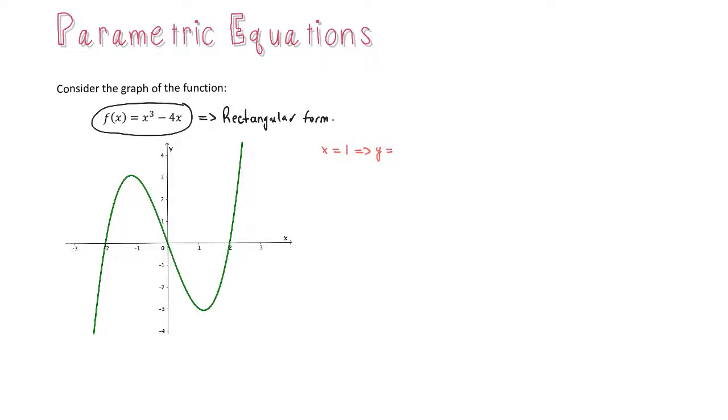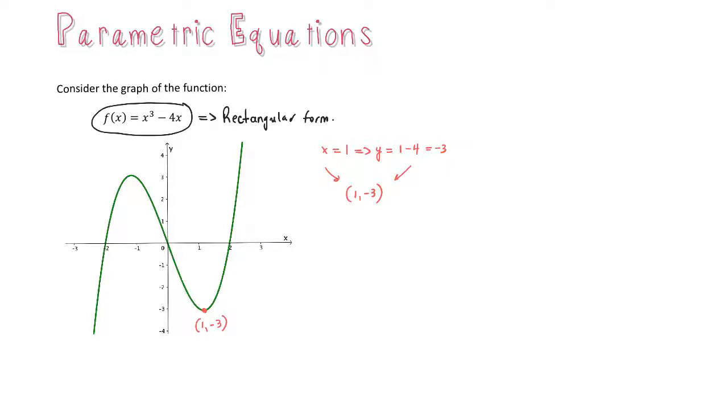I substitute 1, so in this case 1 minus 4 equals negative 3. And that, putting these two together, immediately gives me a point on the graph. So I know on the graph right here that that point corresponds to this location right here. So that point is going to be right here at the lowest part. So this will be the point 1 comma negative 3.